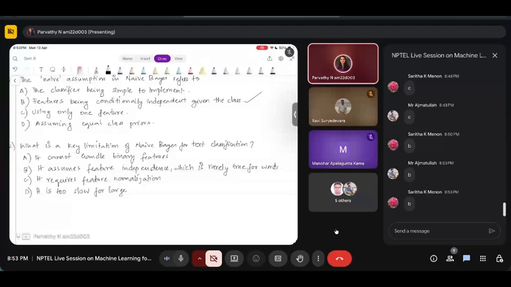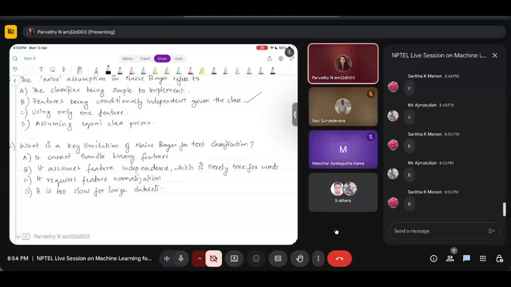In text classification, the words are very highly correlated. For example, the words feature and independence are correlated. So the independence assumption will be violated for text classification.